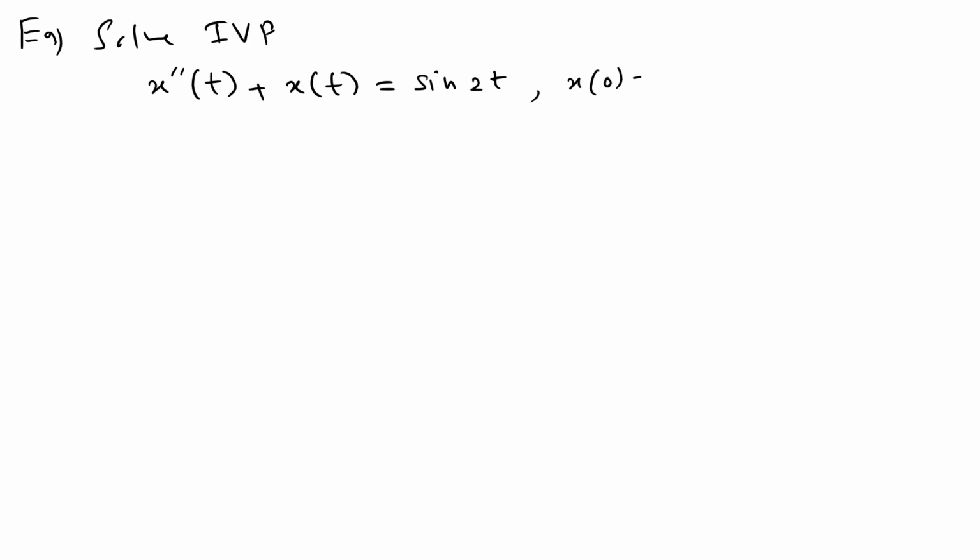Let's say solve the initial value problem: x double prime of t plus x of t equals sine 2t, along with x(0) equals 0 and x prime of 0 equals negative 2/3.